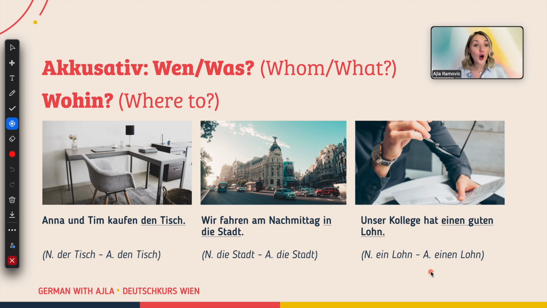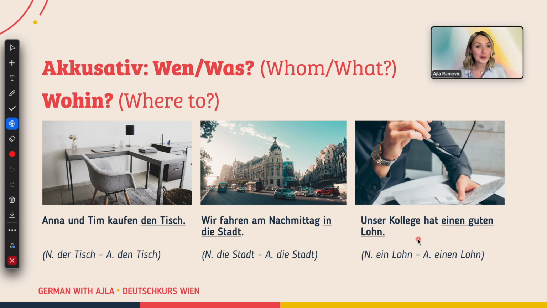Masculine nouns always have a change from nominative to accusative. If you are using an indefinite article, the change will look like this, from ein to einen. Unser Kollege hat einen guten Lohn.